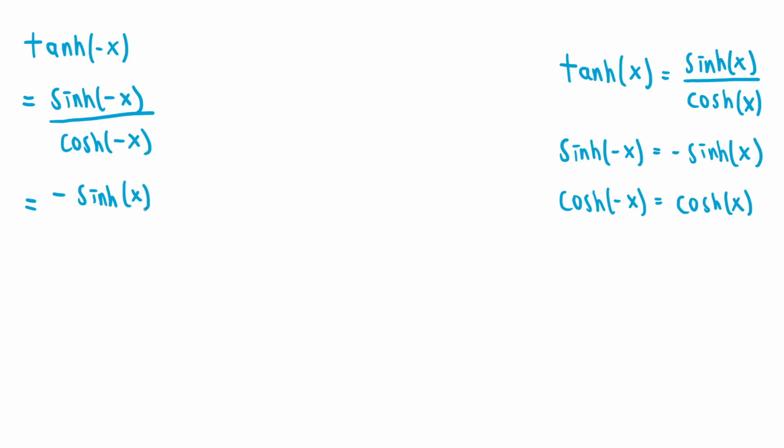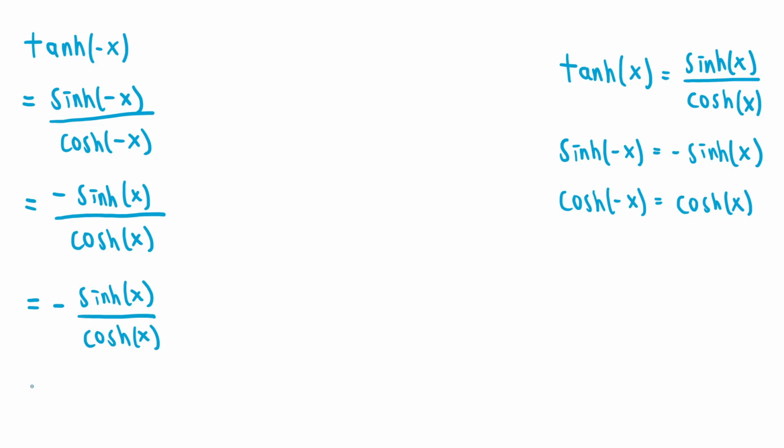And cosh of negative x is just equal to cosh of x, as we also proved earlier, so the denominator is cosh of x. Well, we can isolate the negative sign outside of the fraction and rewrite this as negative of sinh of x over cosh of x. And sinh of x over cosh of x is just tanh of x. So this is equal to negative tanh of x. So we started with tanh of negative x and we ended up with negative tanh of x. So tanh of negative x equals negative tanh of x.